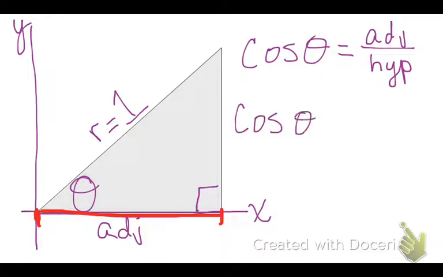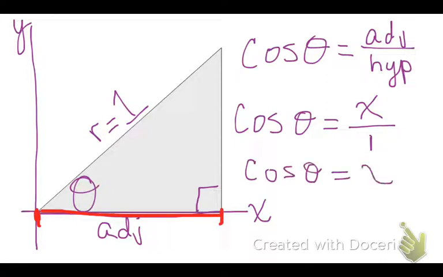So cosine theta is the x value over the hypotenuse, which, since this is a unit circle, would be 1. So cosine theta equals x over 1, which simplifies to x. This x value represents the x coordinate in an ordered pair. Cosine theta represents the x coordinate of the ordered pair.